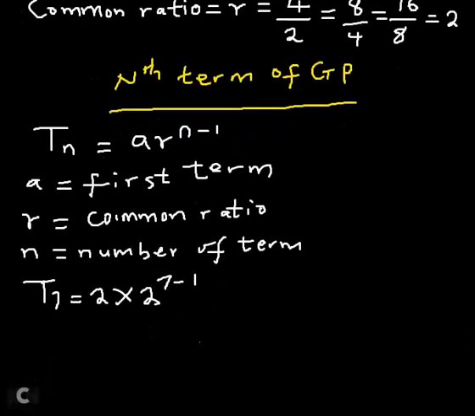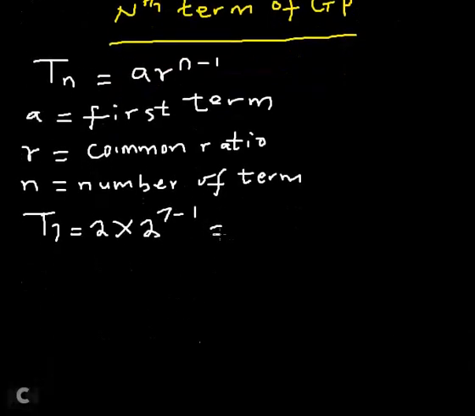So if we go by this, I'm going to have 2 times 2 raised to the power of 7 minus 1, which is 6. So this is going to be 2 times 2 raised to the power of 6, which is 64. That is 2 times 2 times 2 times 2 times 2 times 2, six times, and that's going to be 64.